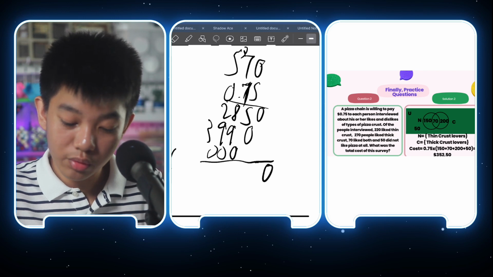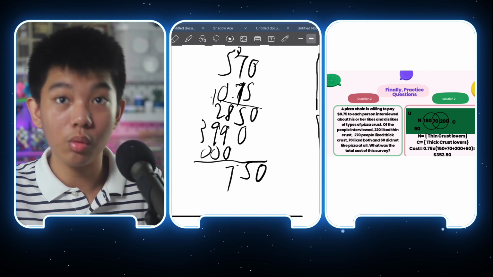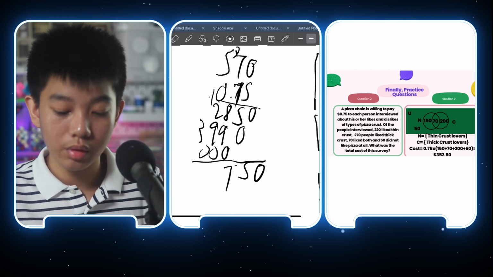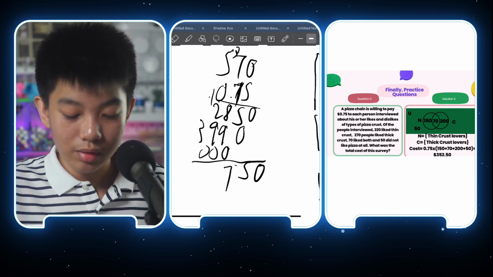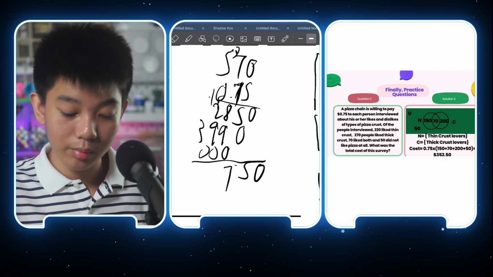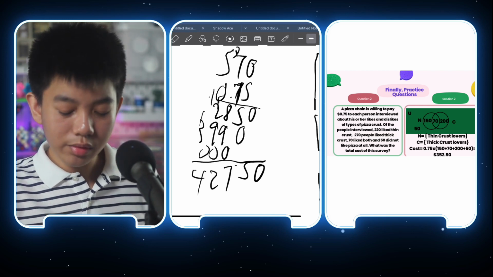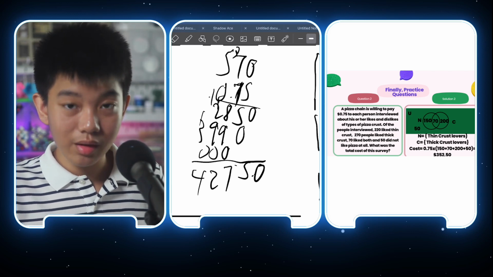So when you do the math and the addition, 5 goes here, this becomes 17, carry the 1 here, this becomes 12, carry the 1 here, you get 42,750.